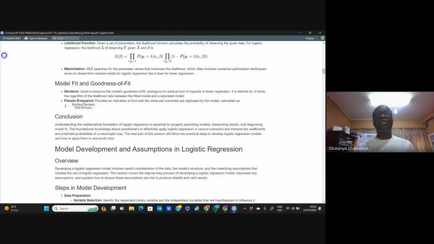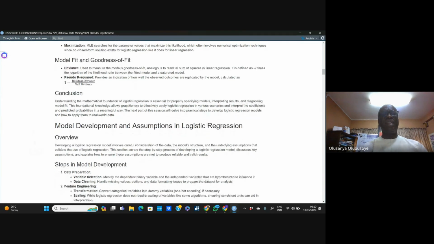So it looks at the ratio of the residual deviance, that's the deviance arising when you use your predictor variables, and the deviance arising when none of the predictor variables is used, and then takes that ratio from 1.